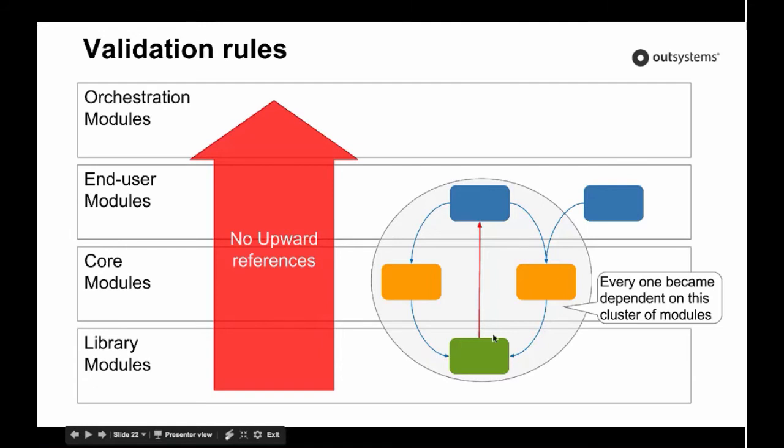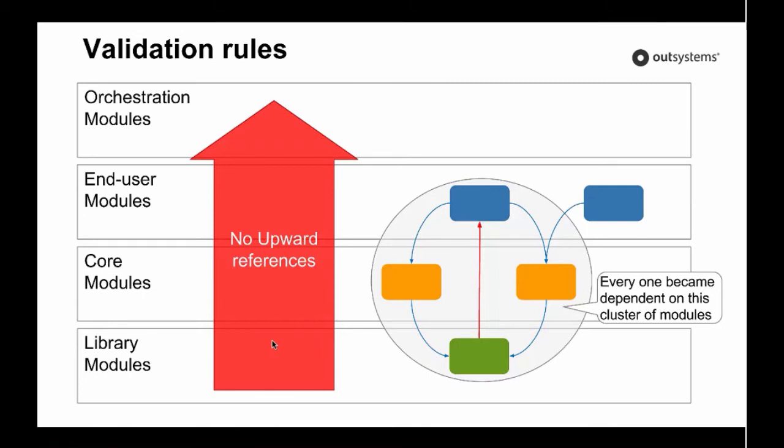Actually, upward references are the worst references ever, because they introduce a lot of cycles. And then you end up in a situation where every time you change something, the system keeps complaining that all the consumers are outdated, and you enter a refresh-references nightmare, because there is this big interconnected graph of modules. Okay.